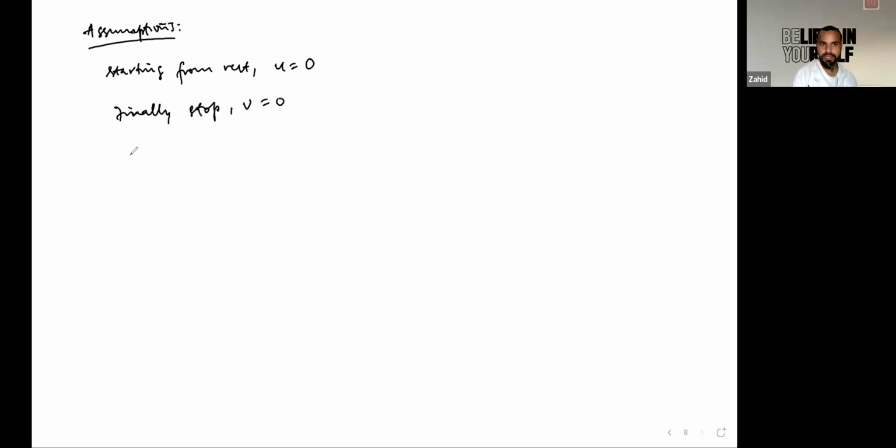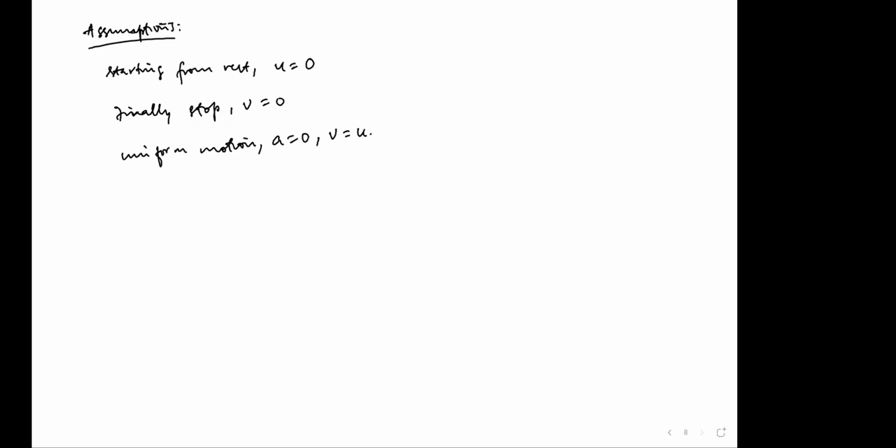And if a body is traveling at uniform motion, then acceleration would be 0. Now, using these three assumptions, you first have to solve for acceleration for each part, and then you apply the formula regarding it.